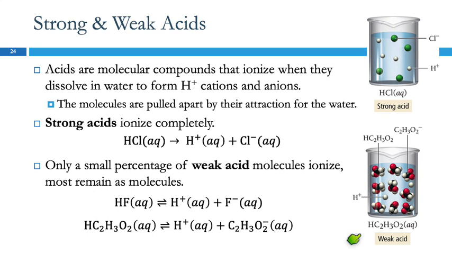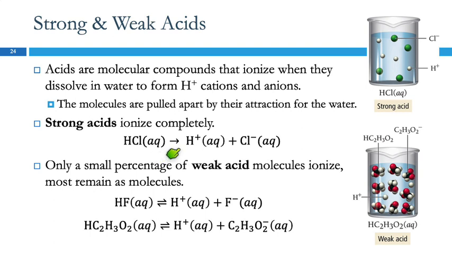So here's a picture illustrating acetic acid, which is really not the best illustration because it's kind of hard to see the difference between these. But here we have an intact acetic acid molecule. Here we have an acetate ion and a hydrogen ion. So that one has ionized, but most of them have not. So will this conduct electricity? Yes, but not very well.